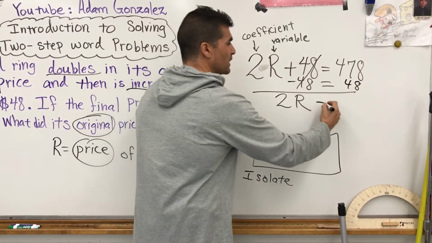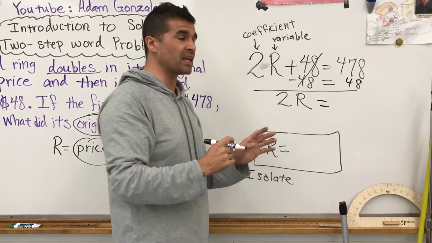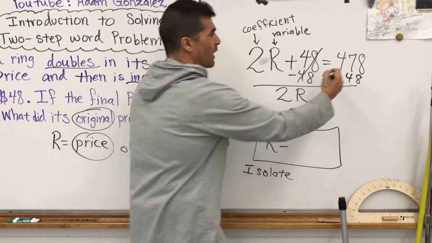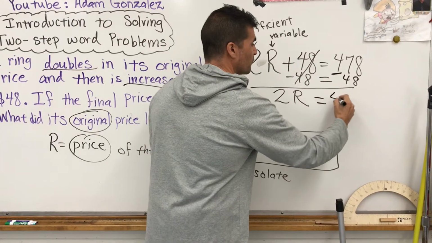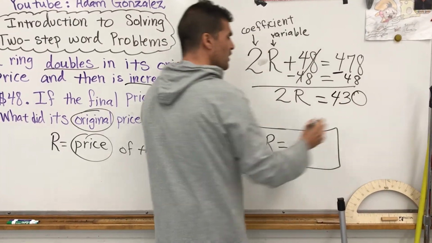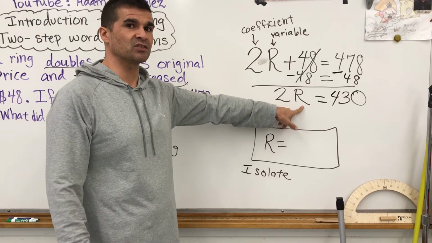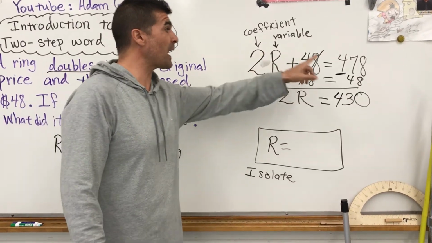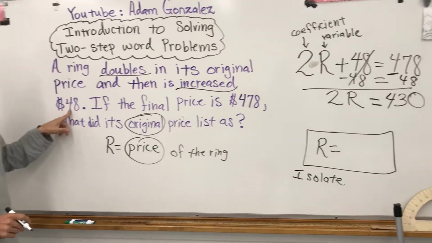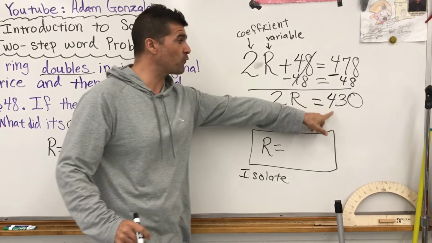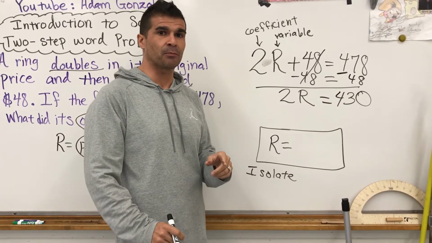So this is going to be equal to 478, and you're going to have to subtract $48 from it. Well, this is going to be $430. So whatever the original price of this ring was, before you added $48 and increased its price, it used to be $430 when you doubled the price.